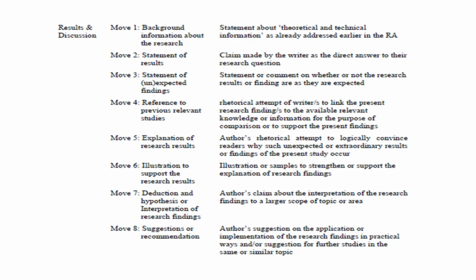This is optional. We don't have to write this if our finding is not contradictory to our expectation. Move 4 is reference to previous relevant studies. This is very important. This is where we discuss the possible causes of our finding, the possible interpretation of our finding. And because this is an argument, we have to use references to support our claims of our interpretation of our findings.